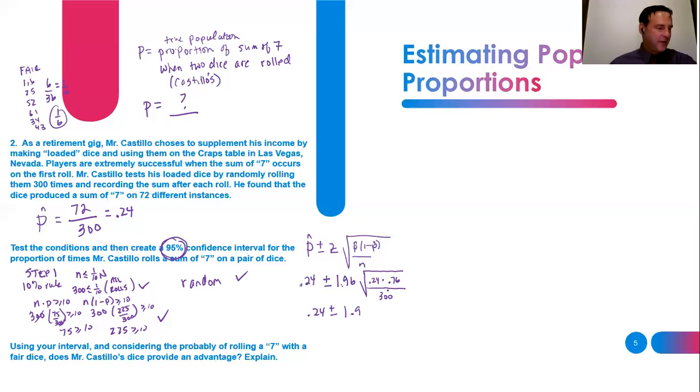All right, so if I do the standard deviation, I'll do this quickly for you, you would get 0.024657. Then after that, we'll take that and multiply it by 1.96, not 2, and it gives you 0.048.